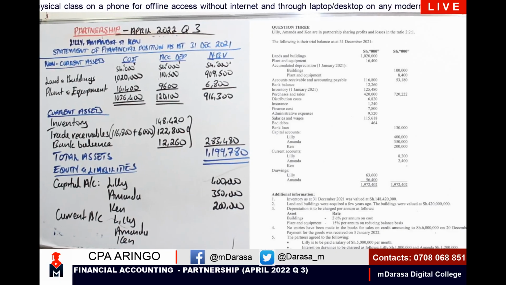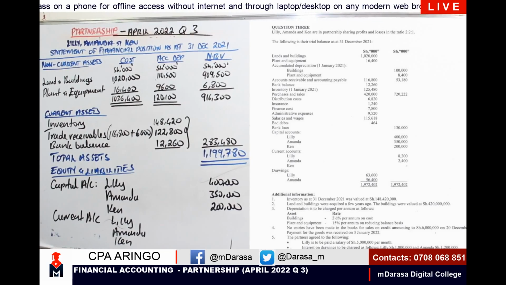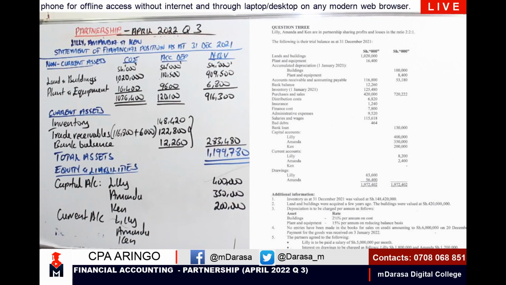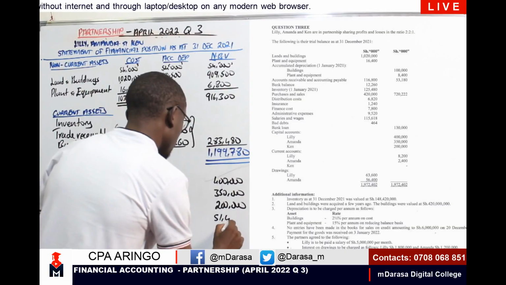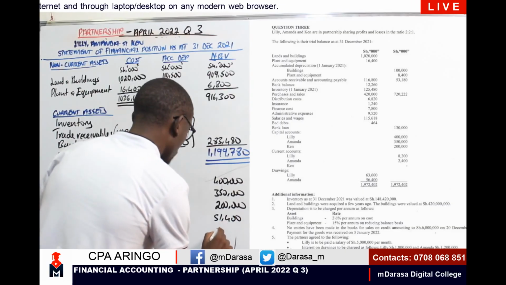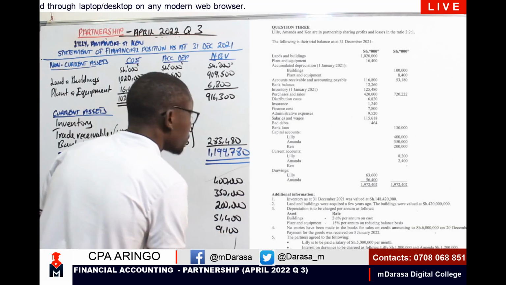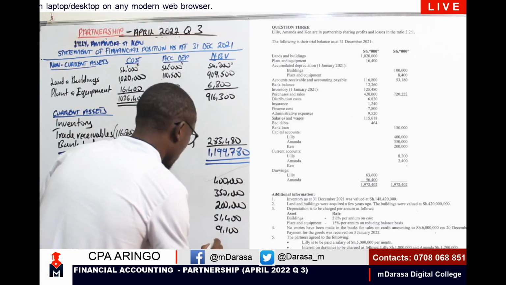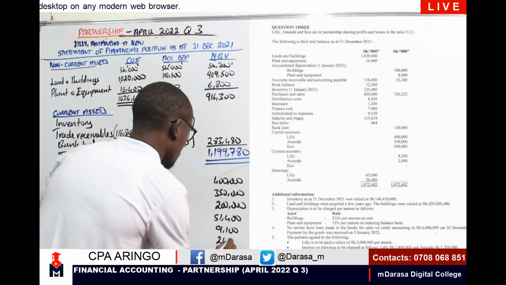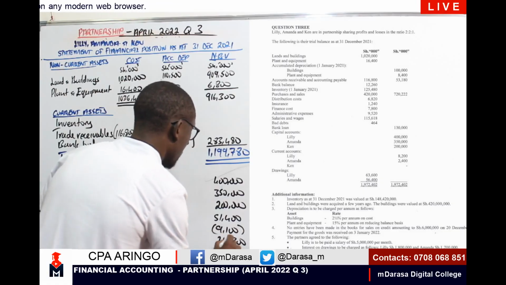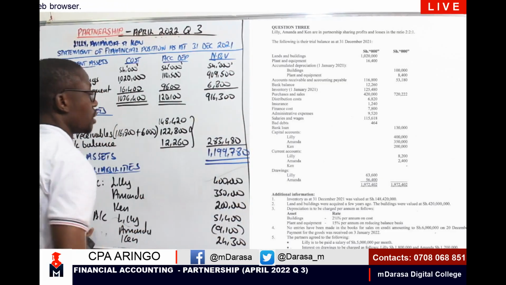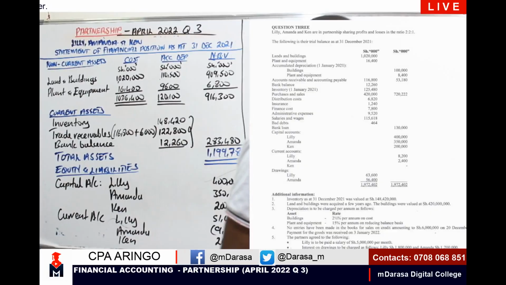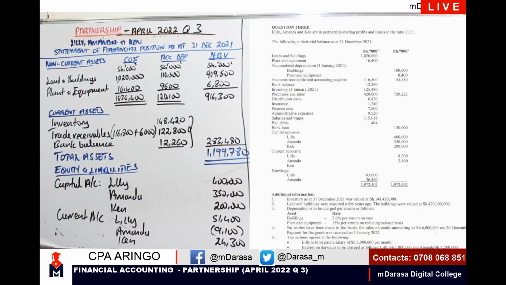Mine, we had written 51,400, a negative of 9,100, and 24,300. Remember, these are the ones that you are determining in our current accounts.